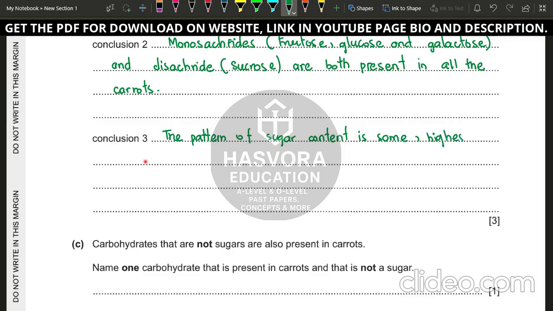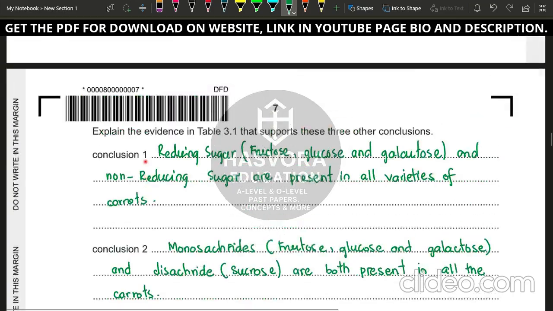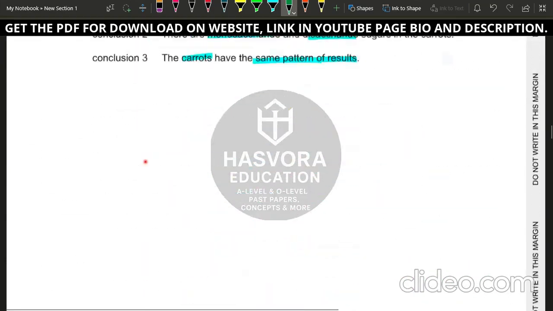the highest proportion of the sugar is, let's see what it was, so it was actually your fructose.